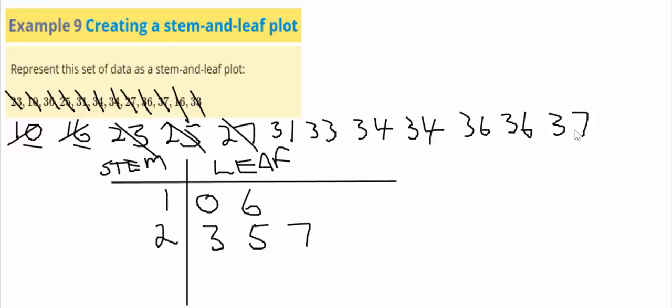Next one we've got 30s for the rest of them. So my stem is going to be my 3. And then all I need to do is write each of the single units at the end of each one. So 31 is done, 33, ascending order, moving from left to right, 34 twice, so I'm going to write the 4 twice because they both need to be represented.